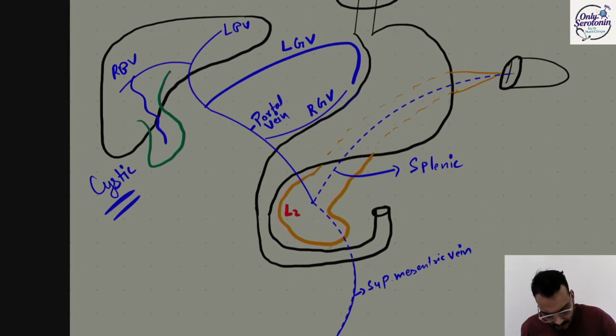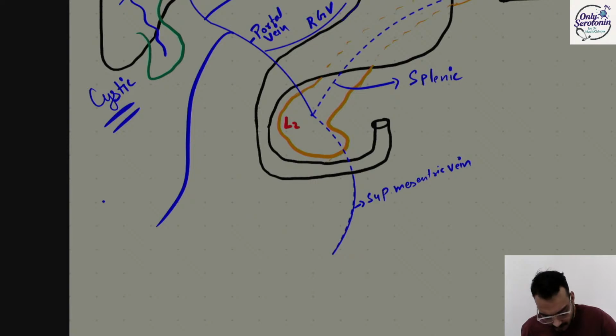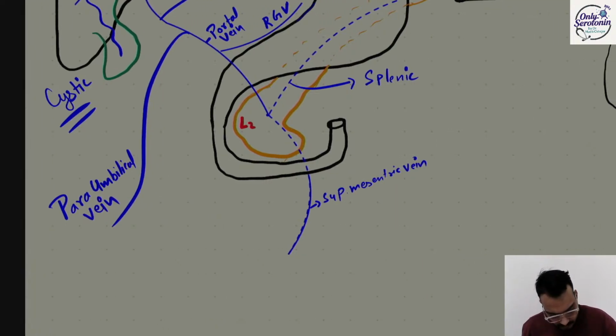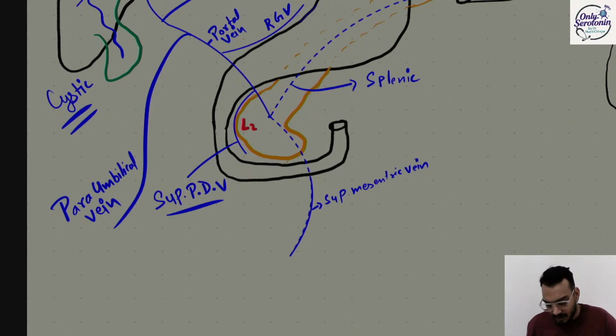One more vein which will come out here is your paraumbilical vein. And then we have already studied one artery, the superior pancreaticoduodenal artery. Now we have the superior pancreaticoduodenal vein.